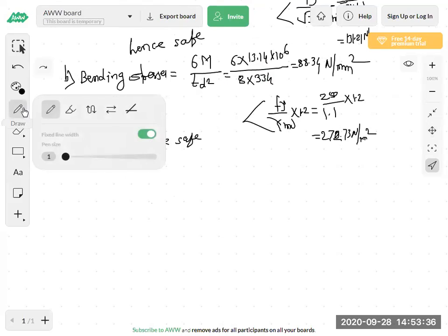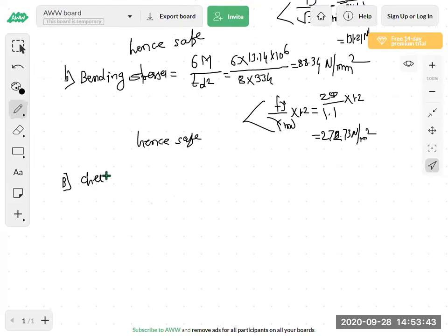Now calculate the check for the intermediate batten. So same for the intermediate batten, again we have to calculate shear stress.